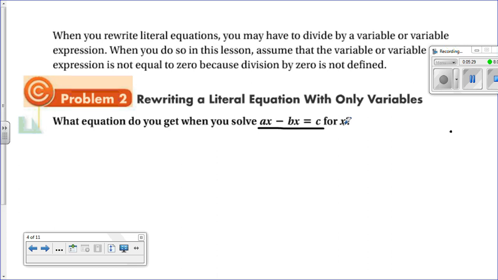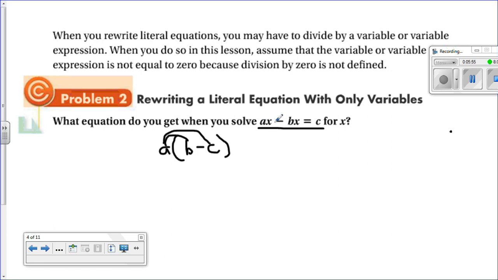So we have to solve this for x. So this is a little trickier. ax minus bx. You remember how you distribute? You know, when you have a times b minus c and you distribute, right? A times b minus a times c. Well, this is very similar, except that x is what was distributed.